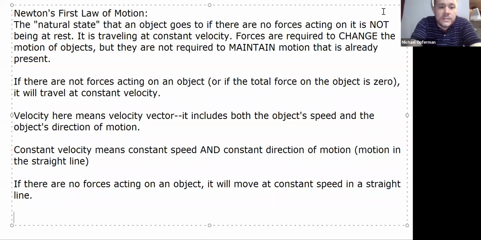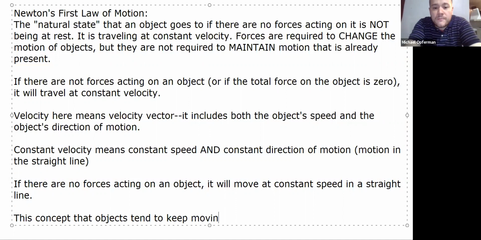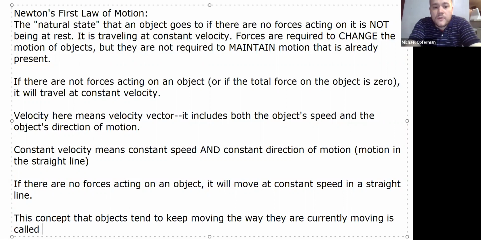This concept that objects tend to keep moving the way they are currently moving is called the object's inertia. So that's what we mean if we encounter the word inertia.